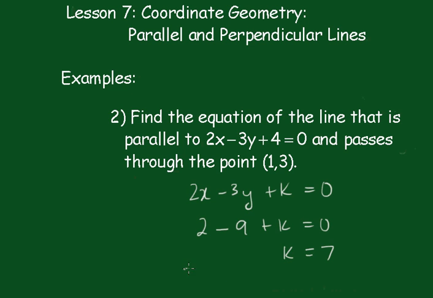So the equation in general form is 2x minus 3y plus 7 equals 0.